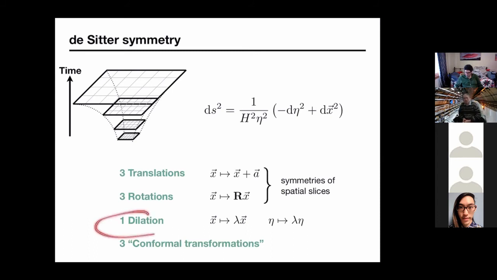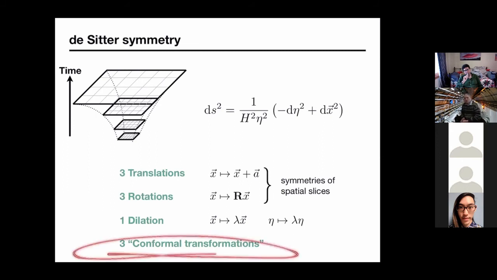There's one slightly less obvious symmetry, which is that if I do a time translation and rescale all my coordinates, it looks like I've done nothing. So there's this dilation symmetry, which relates time translations and spatial rescalings. And then there are these 3 other symmetries, which are difficult to visualize in the bulk, but on the boundary, they correspond to conformal transformations of the asymptotic future boundary. Okay.